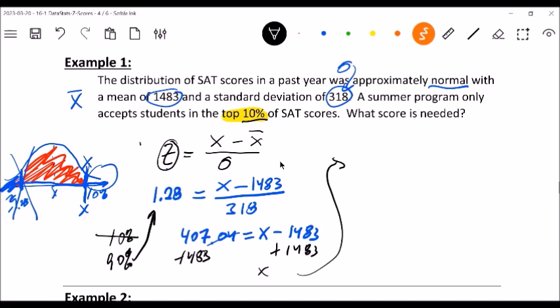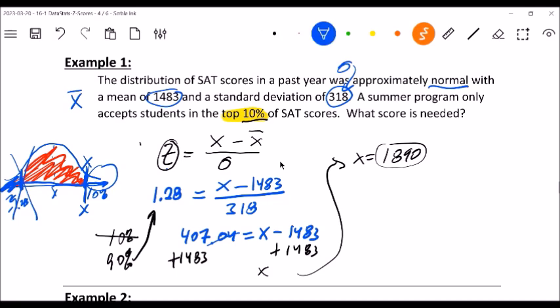And I'll bring that to here, that x is equal to 1890 when we add these together. I think I need to write down that number more clearly. We're adding 1483 on both sides, and that gives us 1890.